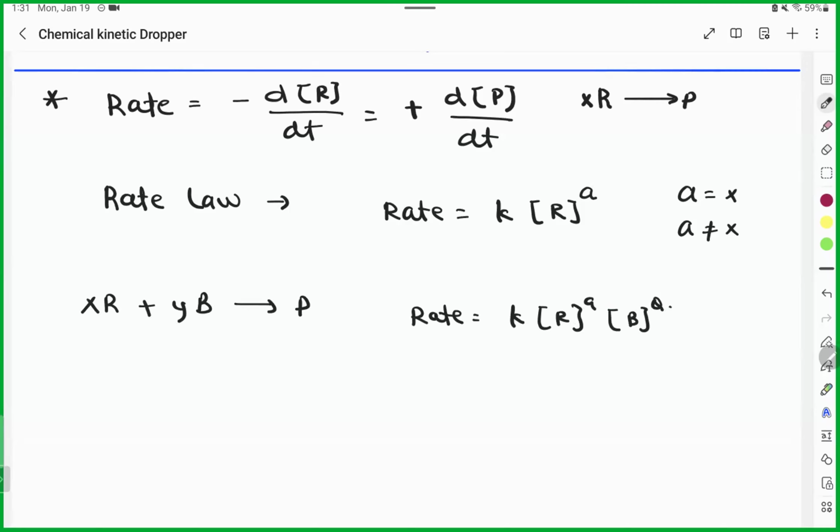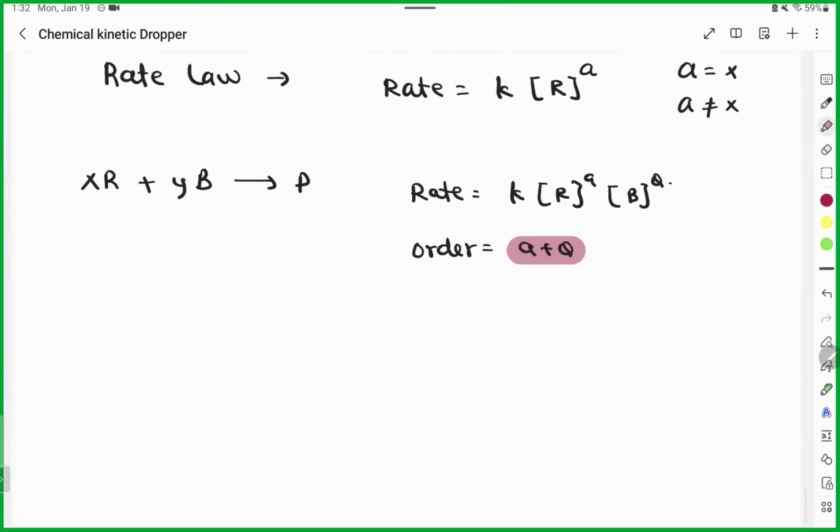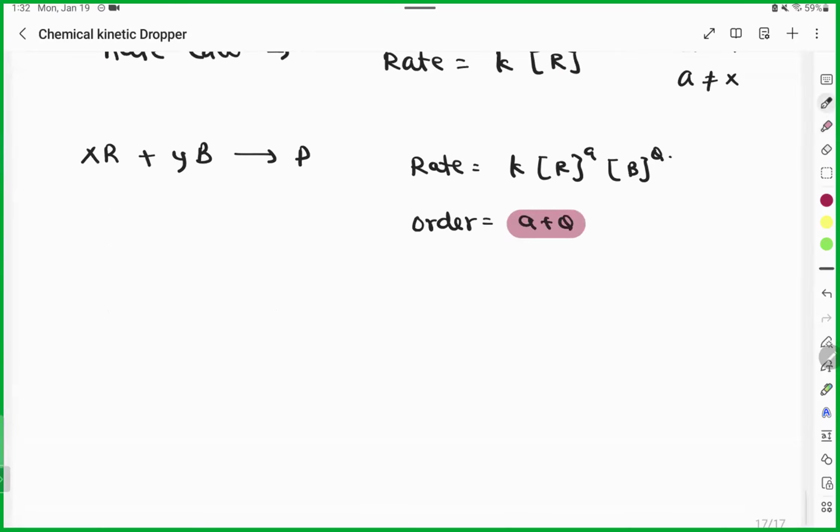Okay, so if you want to calculate the order of the reaction, order of the reaction will be their power. If you see the molecularity of the reaction, molecularity is a fixed number, usually 1 or 2, not more than 3, and only for the elementary, more simple reaction.